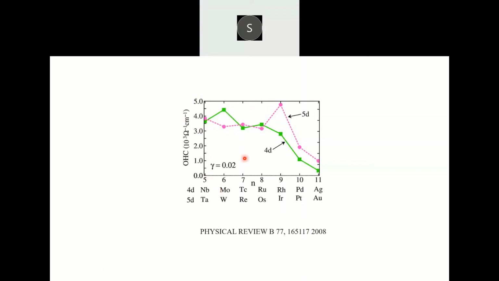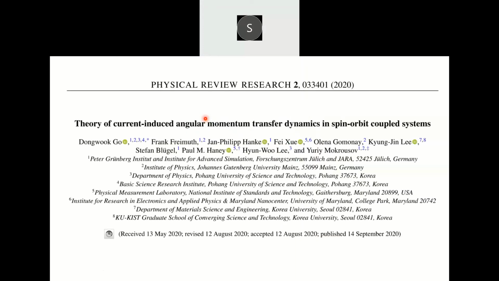In this paper from 2008, it has already been shown that the orbital Hall conductivity of niobium and tantalum is positive. And then in this recent theory paper by the group, they have shown that when nickel is used as a ferromagnet with tantalum, and they have shown with tungsten, this conversion of orbital current to spin current happens.